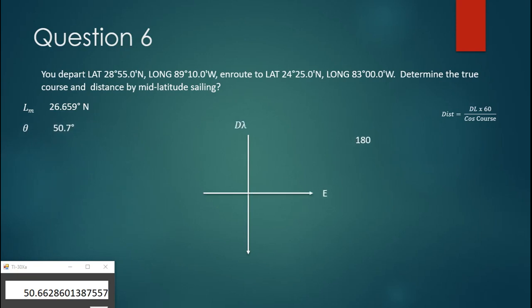If we were going north, we would either start at 0 or 360, but here we're going south and then we're going east. So we're swinging our course from 180 degrees back towards the east, and we're swinging it by, yep, you guessed it, theta. So if we're going back towards the east from the south, we'll subtract that 50.7 from the 180, and we get 129.3, and that is our course.